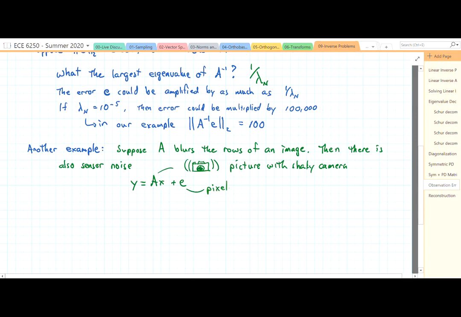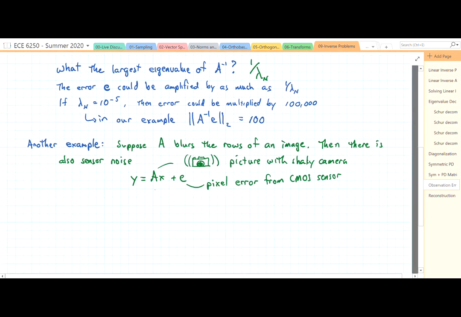Pixel noise tends to be greater in low light than in high light, but this is the pixel error from the CMOS sensor. And x will be our image pixel row.